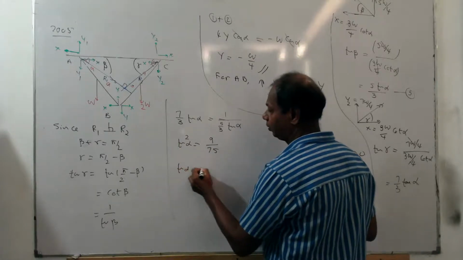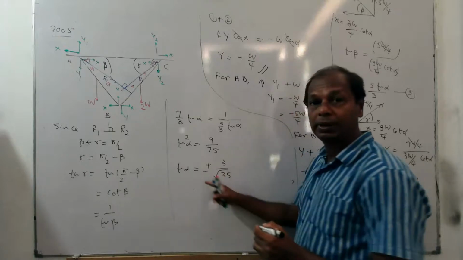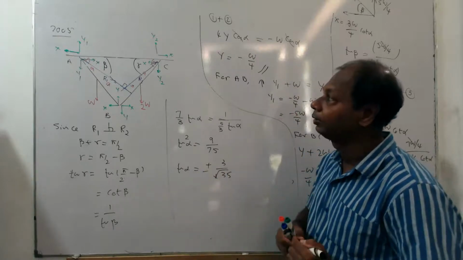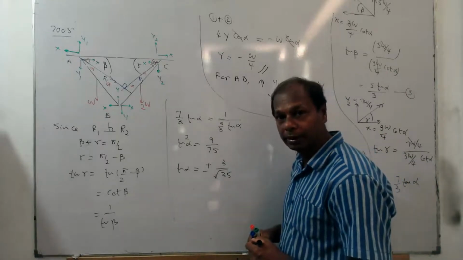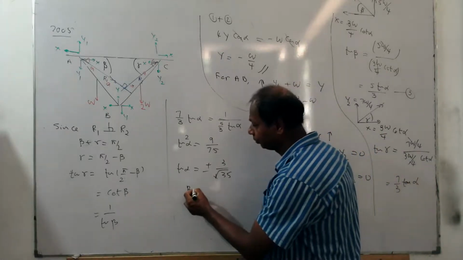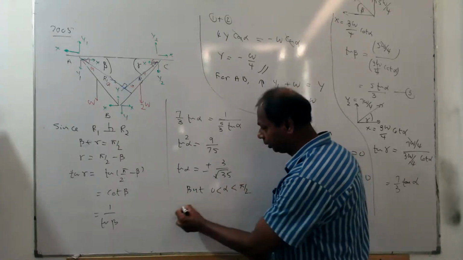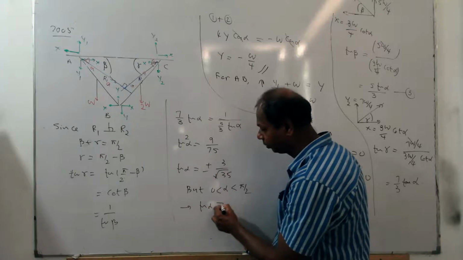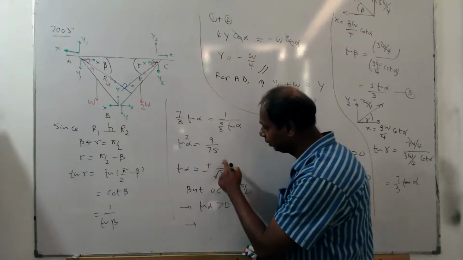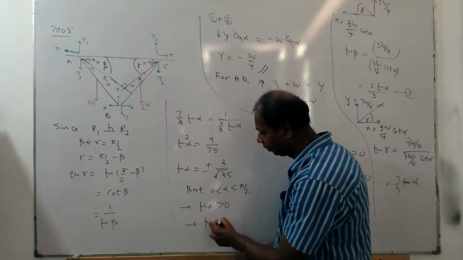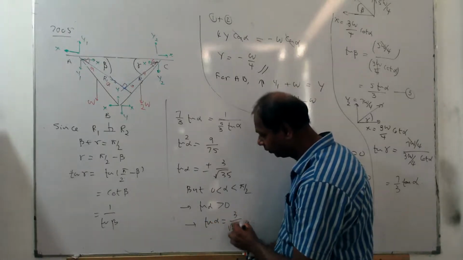So tan alpha equals plus or minus 3 over root 35. But alpha is an acute angle, surely. It can't be obtuse. Therefore, tan alpha has to be positive. Alpha is acute. That implies tan alpha is positive. So we take the positive value here, rejecting the negative value. Tan alpha equals 3 over root 35 only.